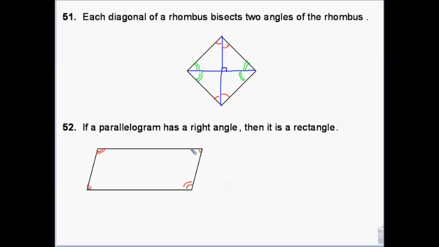So if this one is 90, then this one has to be 90 because they're congruent. And if these add up to 180 and that's 90, then that makes this 90. And that makes this 90, which means we have all four 90s. So as soon as you get one 90, they're all 90. If it's a parallelogram. So far okay?